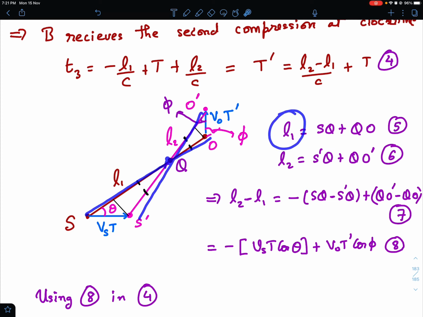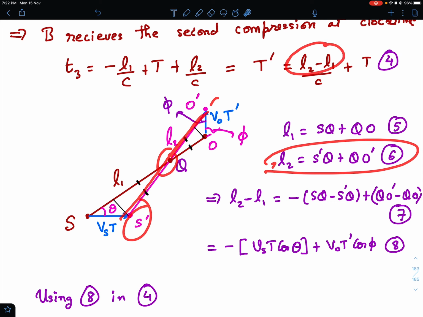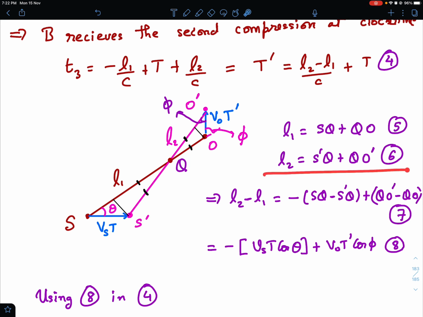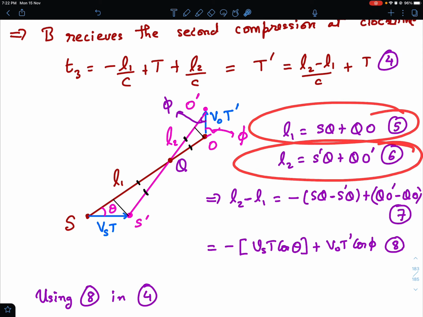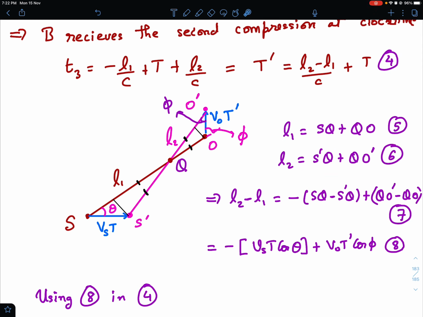So now what is L1? I have marked the intersection of these two lines as Q. So L1 is SQ plus QO, right? And L2 is what? S prime Q plus QO prime. I want to calculate L2 minus L1, so I subtract equation 5 from equation 6.